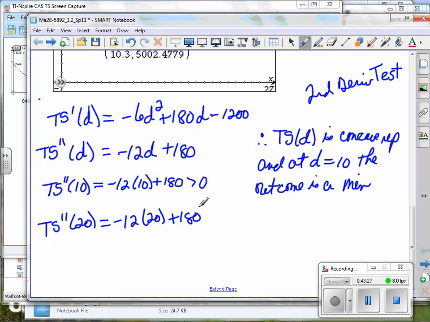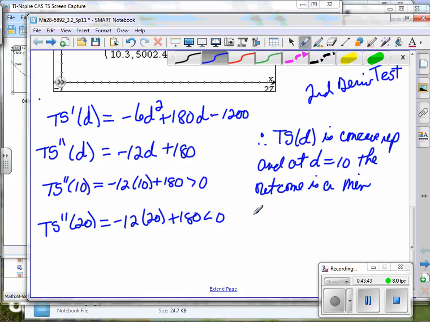Turns out to be positive or negative? Negative. Yeah, negative 240 plus 180 is negative. So therefore, what conclusion would you write for that?